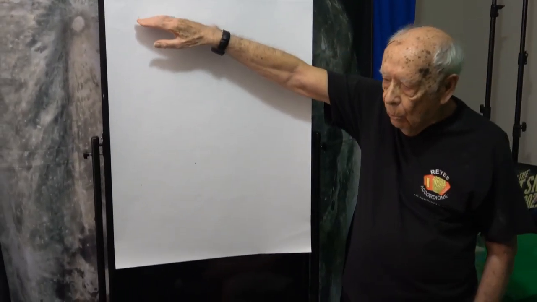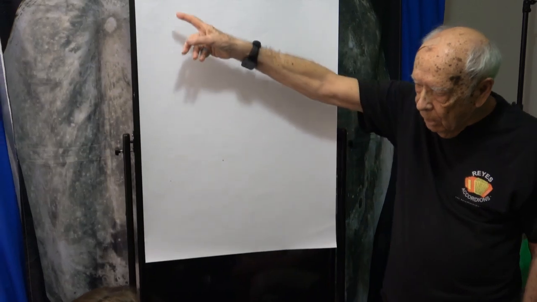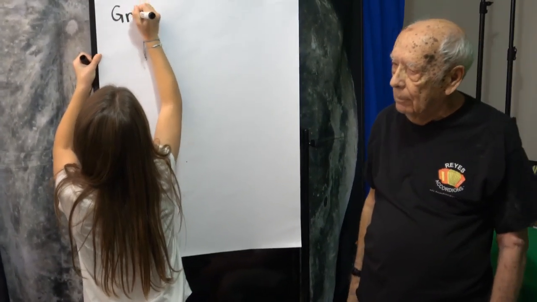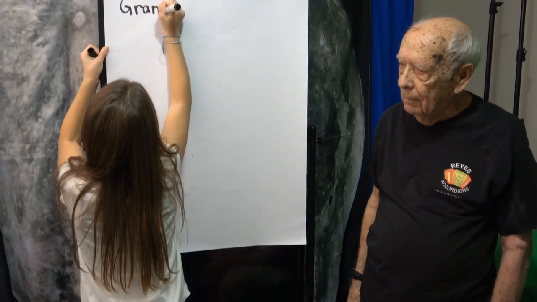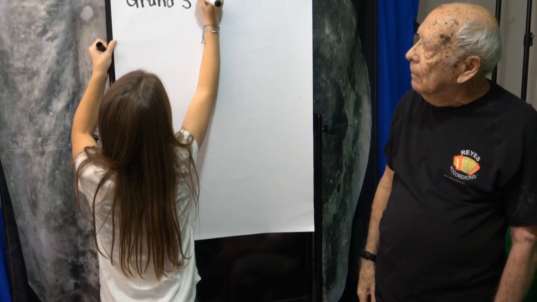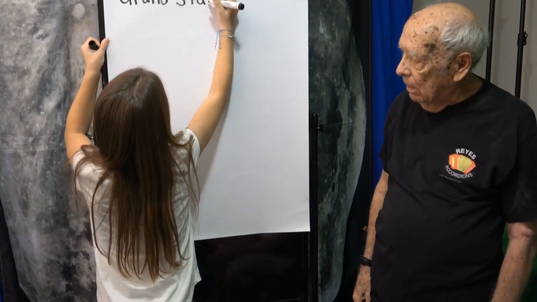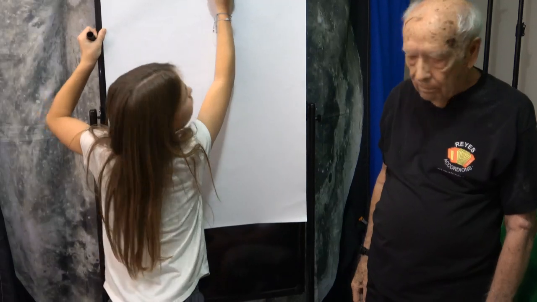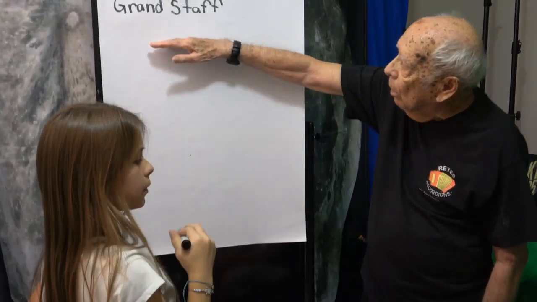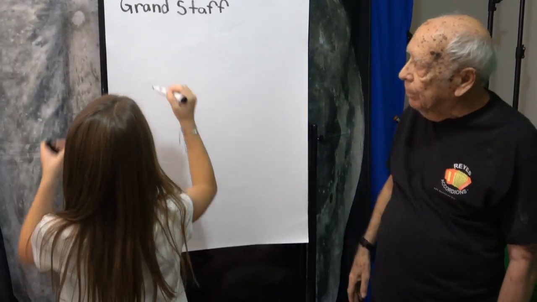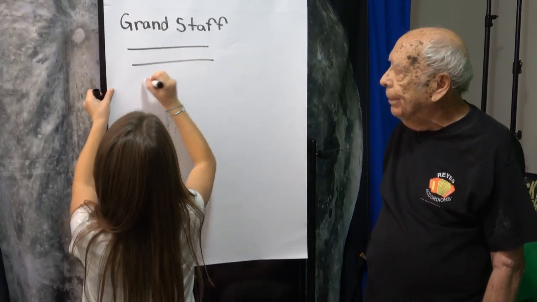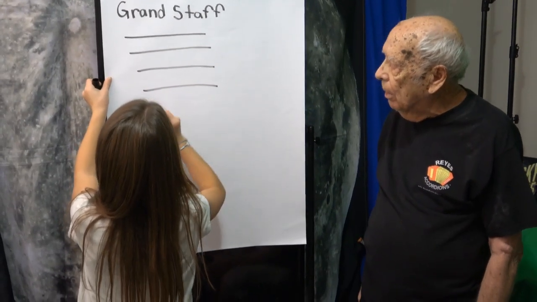So it's called grand staff. Write down grand staff. Okay. Now draw 5 lines with a space between them. 5 lines. 1, 2, 3, 4, 5.